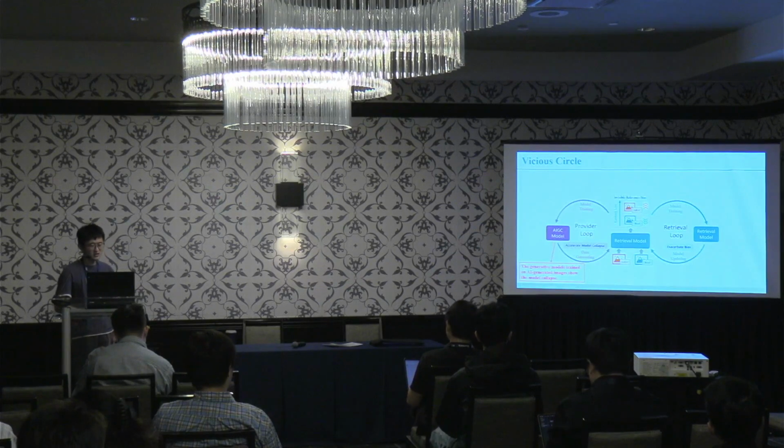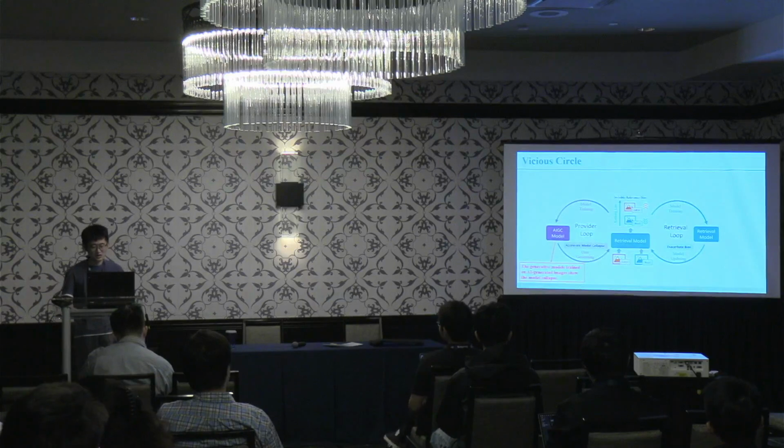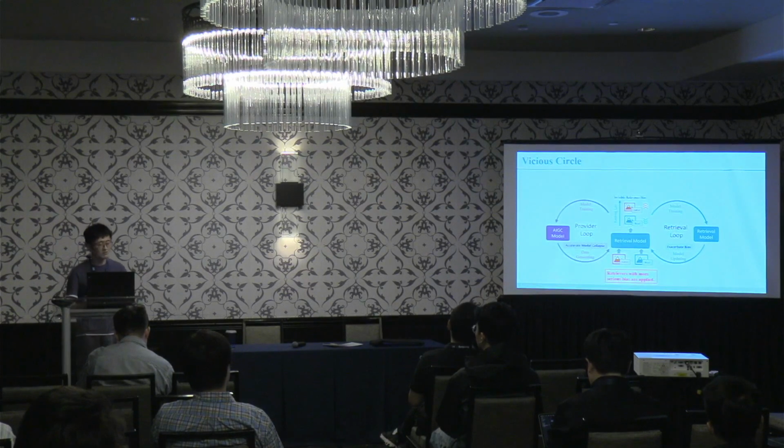Thirdly, the generative models trained on the AI-generated images show model collapse. Then the retrievers with more serious bias are applied. During the retrieval loop and the provider loop, the source bias and the model collapse will become more and more serious.